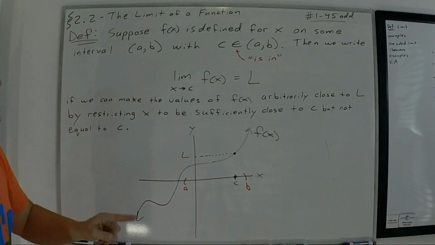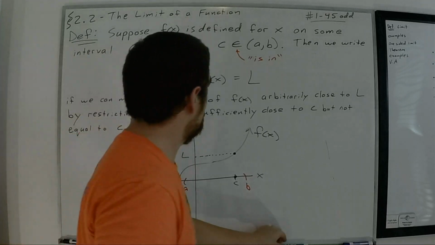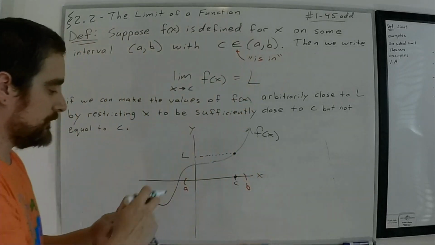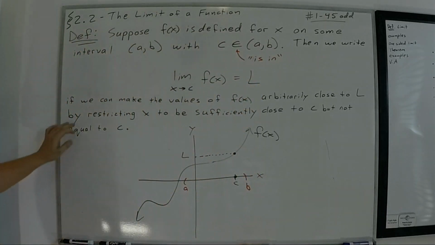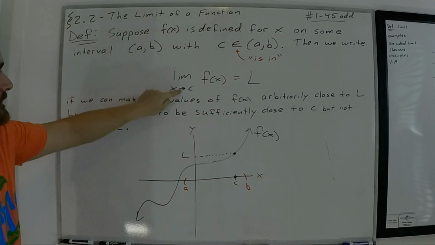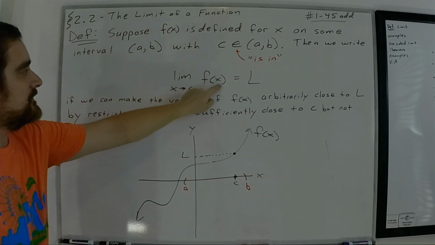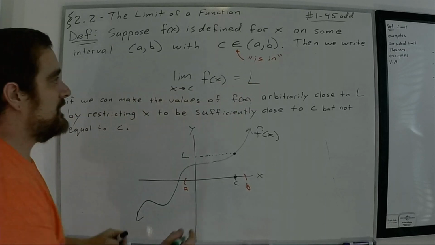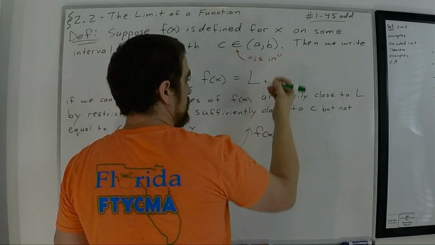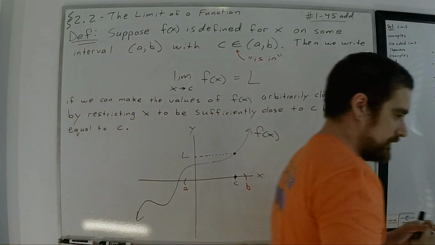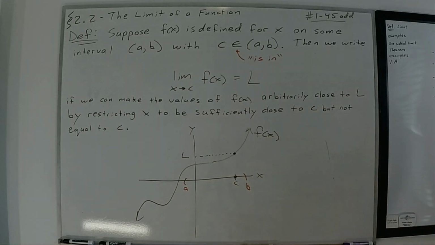Now, the thing about this is, and I want to highlight this with the different colors, I'll do it in green here. The limit as x goes to c of f of x equals L. That's how we say that. Oh no, my green is no longer with us, so we pick a blue.